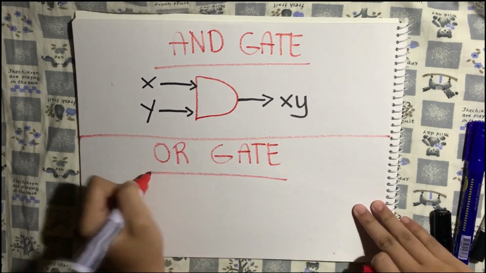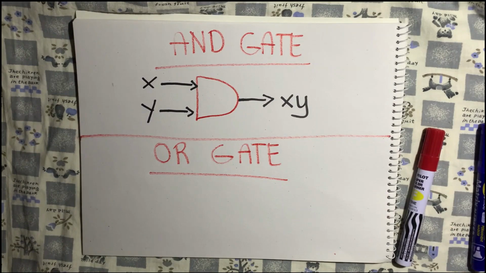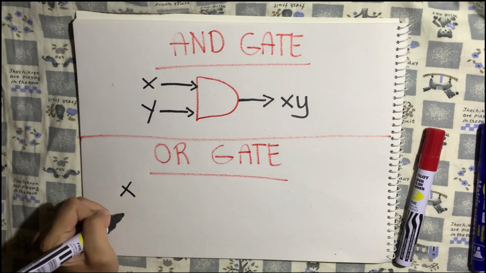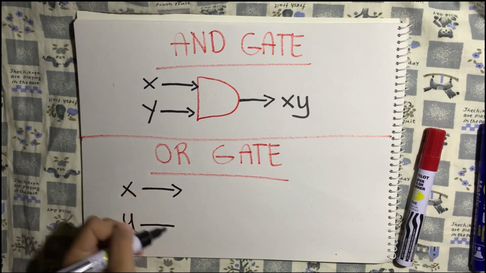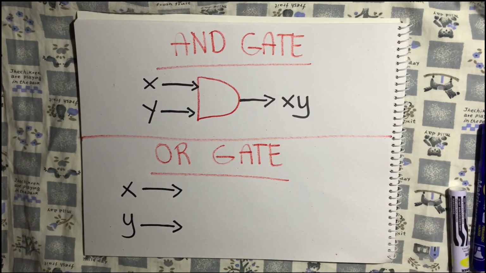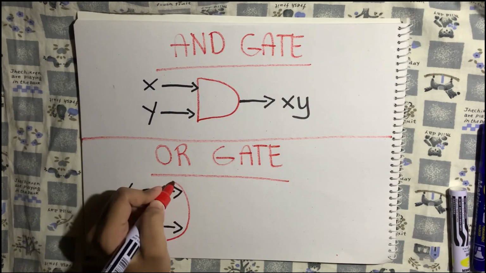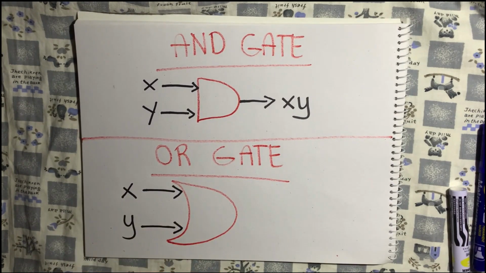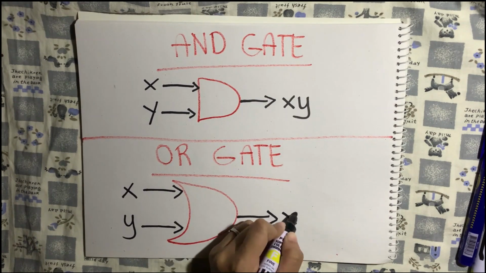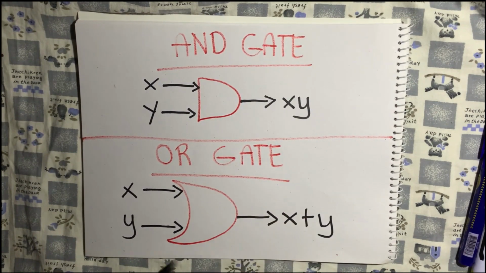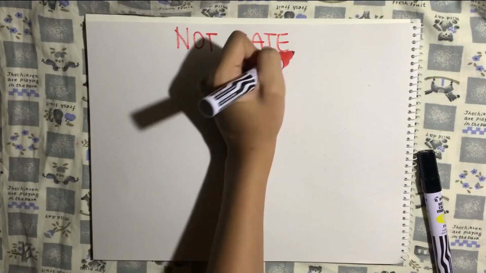Then the OR gate. Same as the AND gate, it has two inputs and one output. Then the NOT gate, or the inverter.